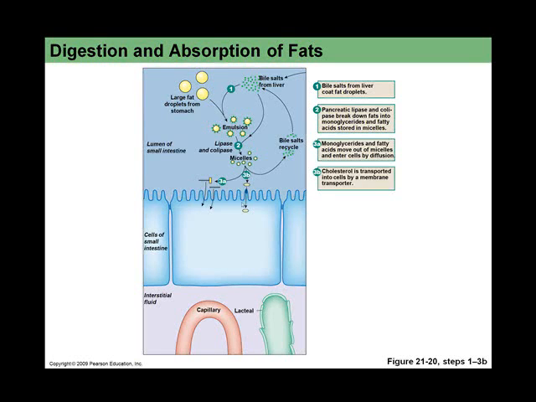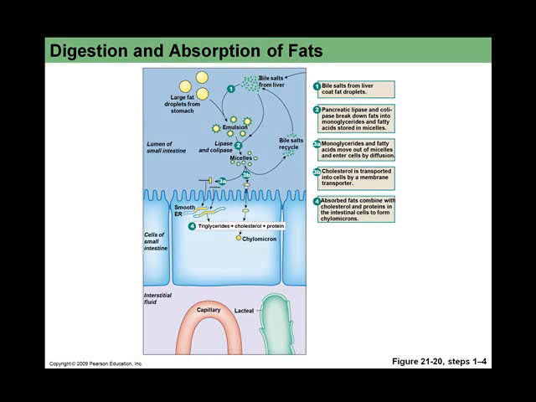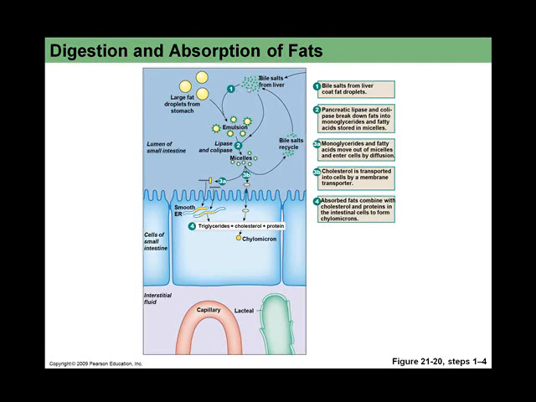The cholesterol is transported into cells by a membrane transporter. So there's a significant amount of cholesterol reabsorption in the small intestine. And then some of the treatments are to absorb this cholesterol and have it pass through in the feces rather than be reabsorbed. So this is dietary cholesterol plus any cholesterol that comes from the bile salts here.